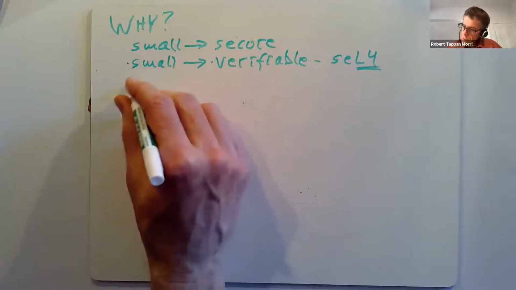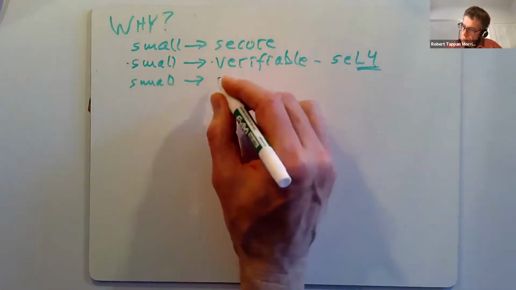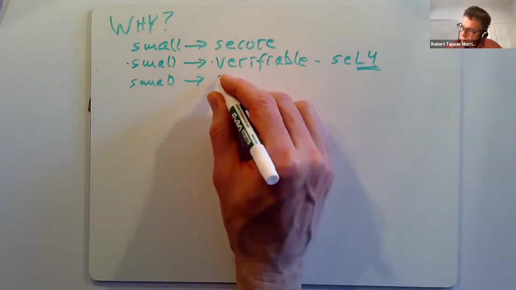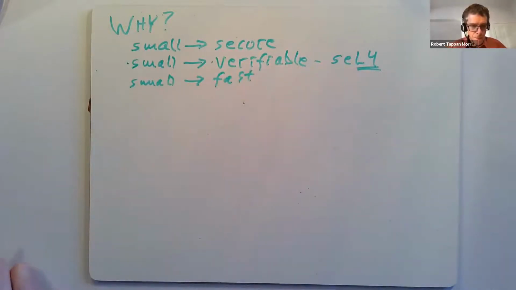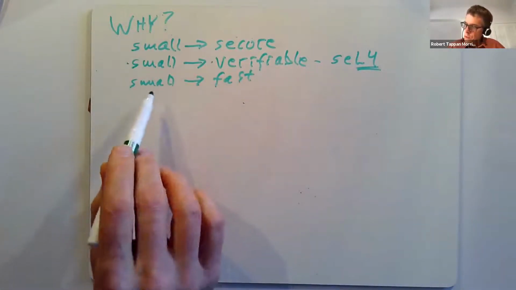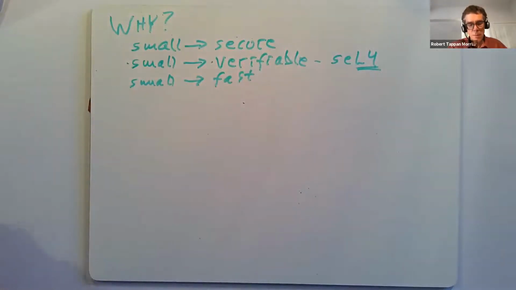Another reason why you might like small is that a small amount of code is often a lot easier to optimize than a huge program. Another reason why small might result in fast is that you don't have to pay for a lot of features that you don't use. If your microkernel does hardly anything, then you're not paying for features you're not using.